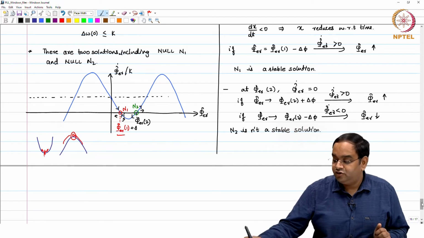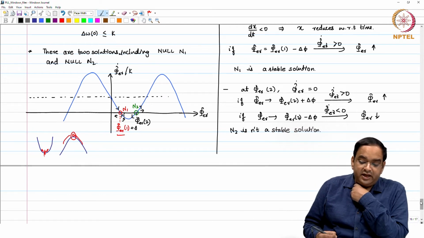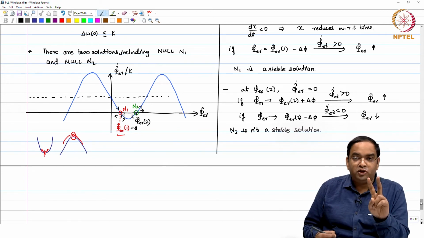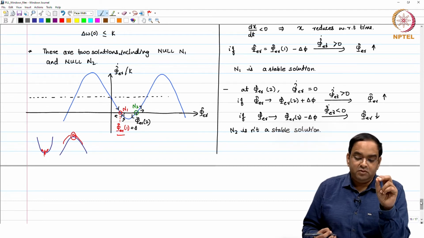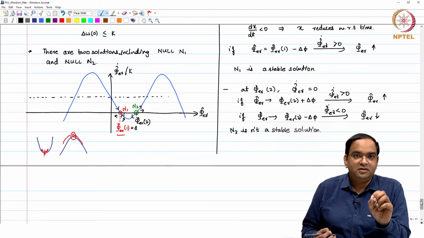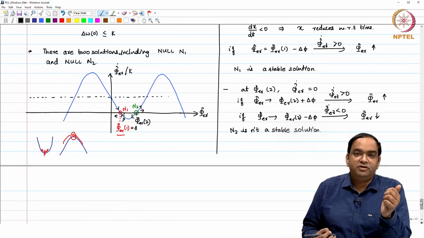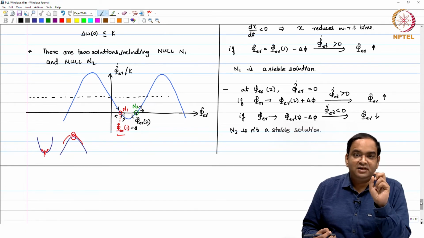Okay. So, what you see here is that there exist two solutions, there exist two phase error values which give you the derivative of phase error equal to 0, or you can say a solution exists, even when you start with the frequency error in the PLL, but out of those two solutions only one solution is stable.